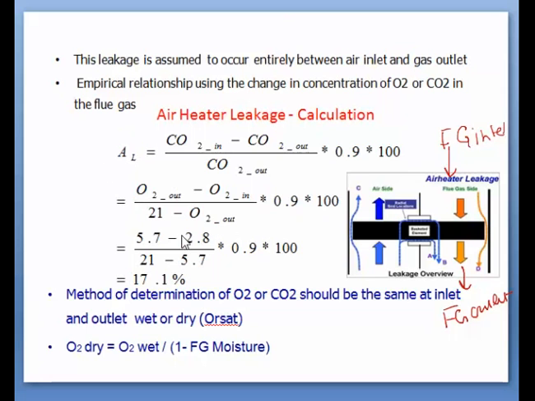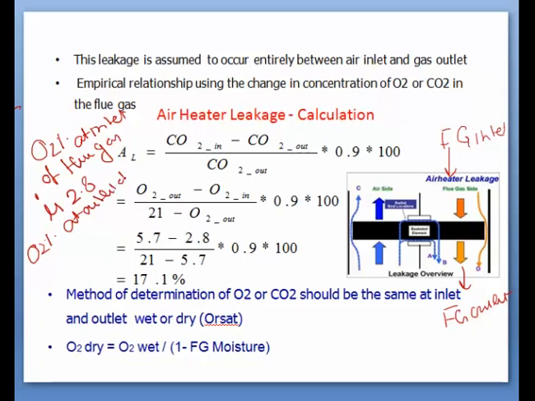So for an example, suppose the oxygen percentage at inlet of flue gas is 2.8 and the oxygen percentage at outlet of flue gas is 5.7.